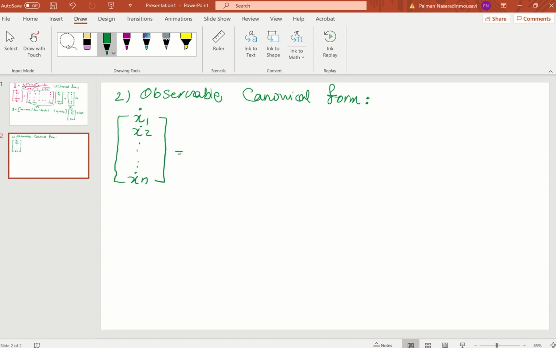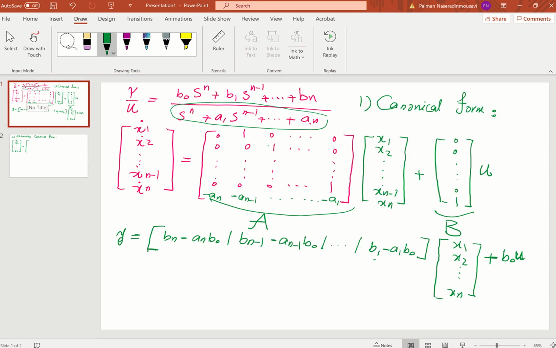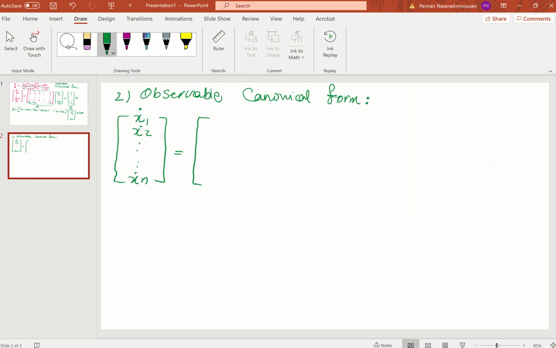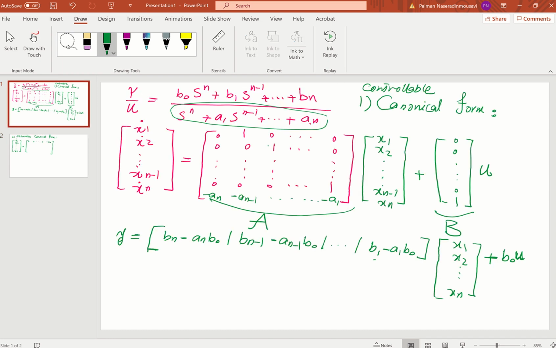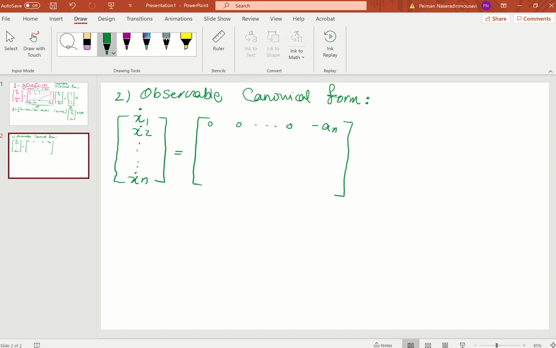Now this matrix A is the transpose of the controllable canonical form. So the observable canonical form has the matrix A like the A transpose. So it's gonna be 0, 0, 0 minus A0. See that? Like the transpose, this goes up. Understand?